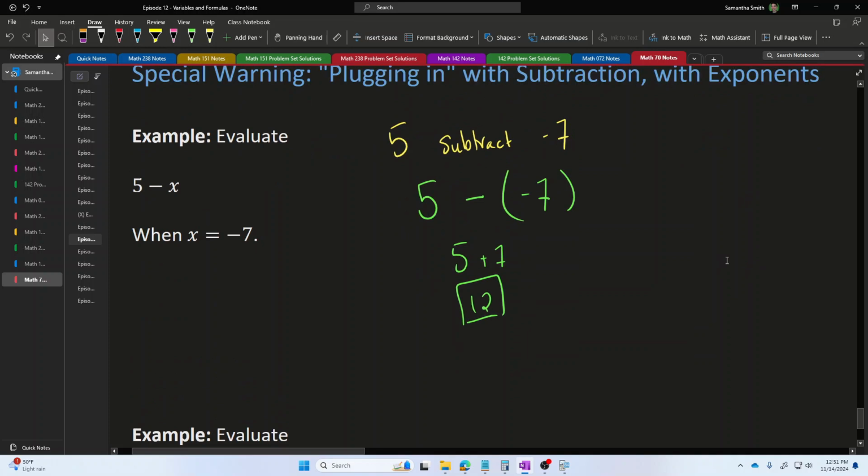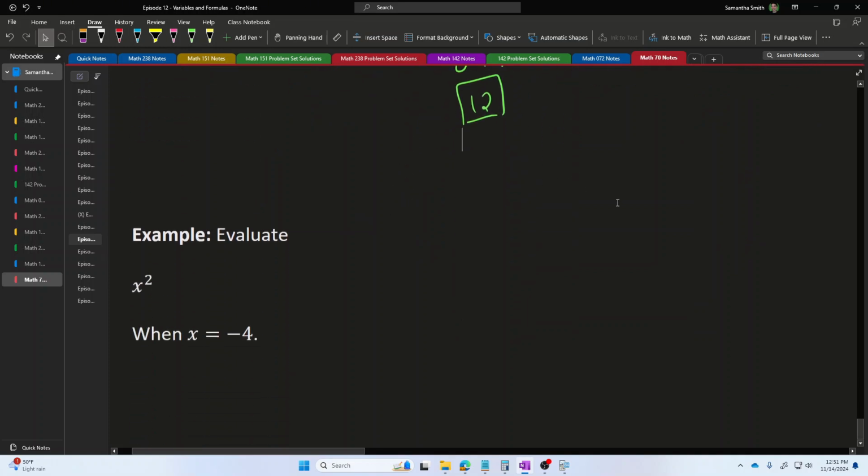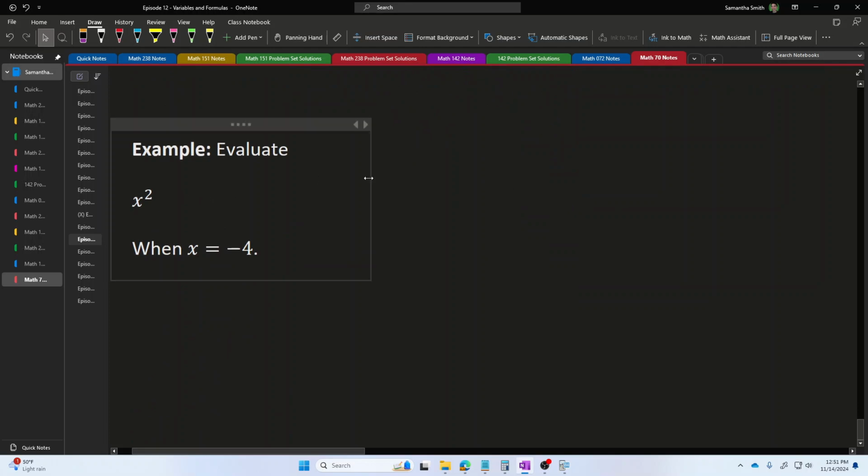Another example where you have to be careful with parentheses and negative values is if someone says evaluate x to the power 2, raise x to the power 2, square x. Square it specifically when the x is negative 4.